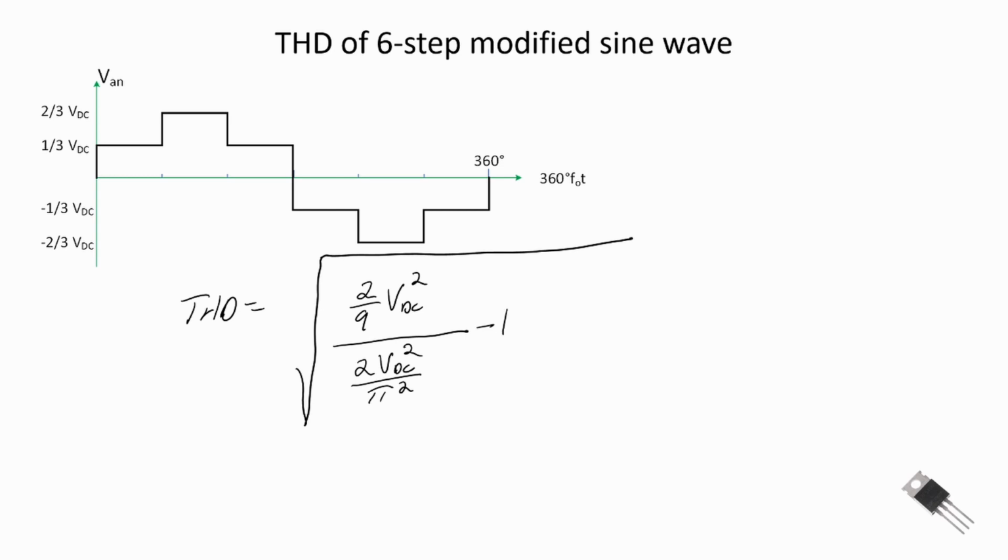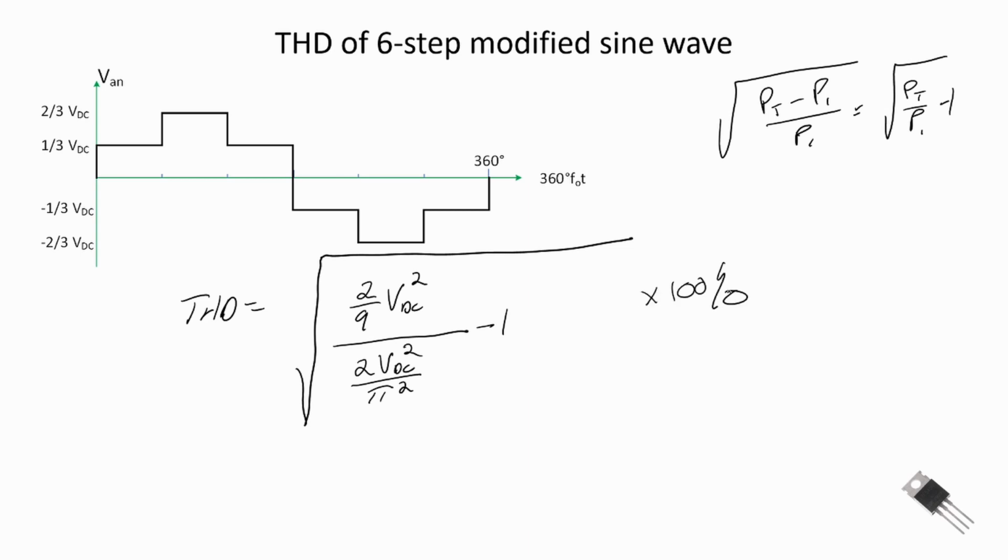And I'm using the form of, recall, if I look at power total minus power 1 all over power 1, that's just the square root of PT over P1 minus 1. There's a couple different forms of this, and we have to multiply this by 100%. And we see the VDCs are going to cancel out. The 2's cancel out.